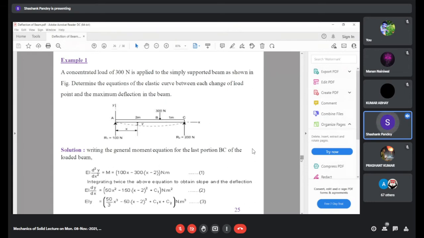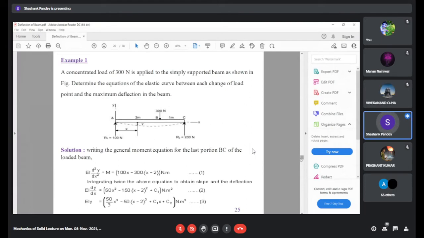Now the next task is to determine the values of C1 and C2. At x equal to 0, what will be the value of deflection here? At x equal to 0, we have the value of deflection as 0.